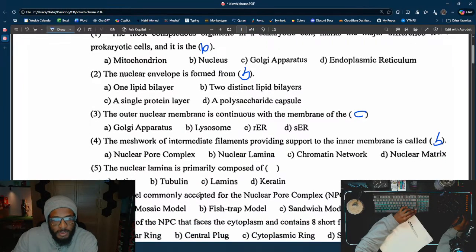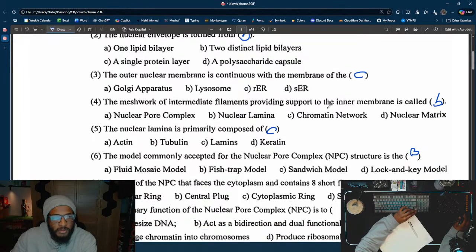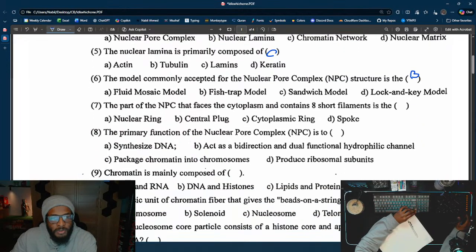The lamina is probably composed of lamins. The fluid model, the fish trap. The model commonly accepted for the nuclear pore complex structure is the fish trap model. Okay. The part of the nuclear pore complex that faces the cytoplasm is the cytoplasmic ring.